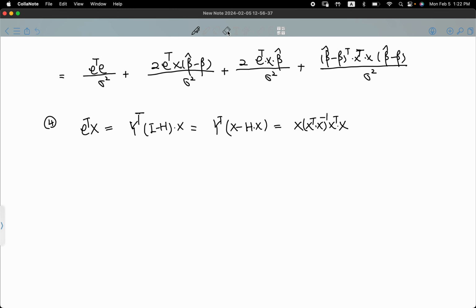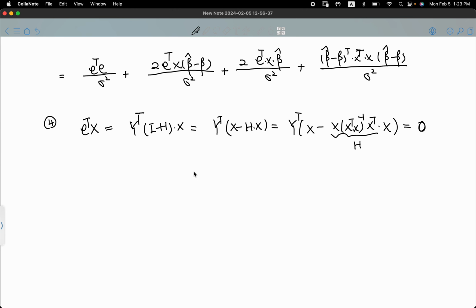So y transpose, and then x minus, and then let's bring in the H matrix here. So this is the H multiplied by an extra copy of X. So as you can see, these two can be cancelled out. So we have one copy of X inside the parenthesis.